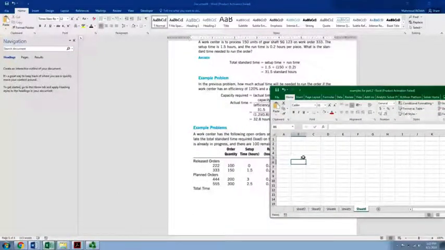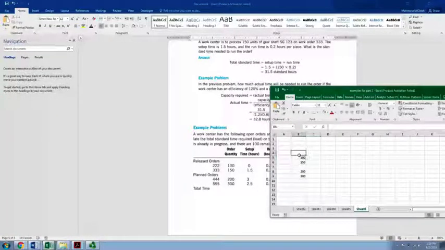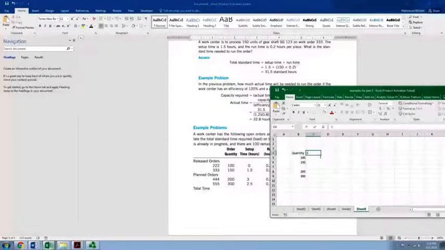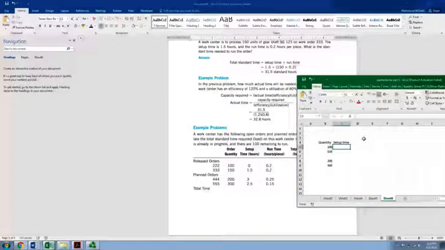We need 100 units here, 150, 200, 300. These are quantities. And setup time. And the run time.